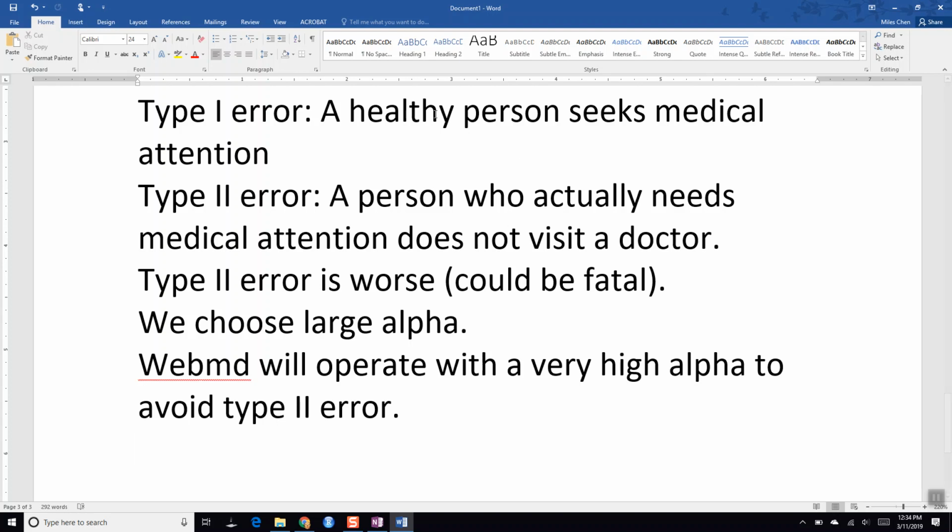So we generally say the type 2 error is worse, so we crank up the type 1 errors. We choose a large alpha. But if it gets too large, then you get boy who cried wolf situations where you start ignoring the type 1 error. You've committed type 1 error so much that the effective alpha actually becomes 0.